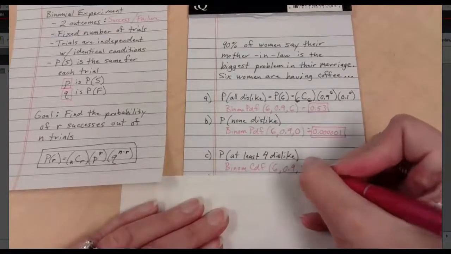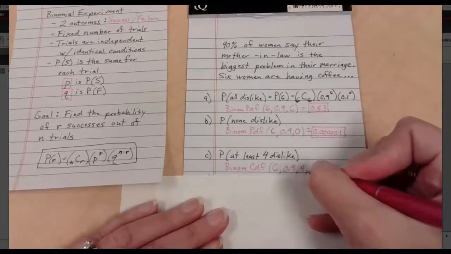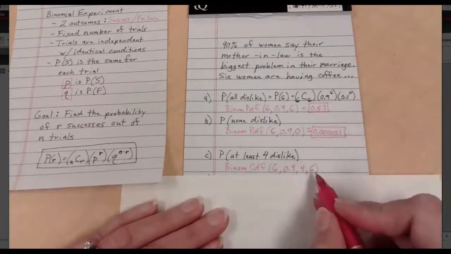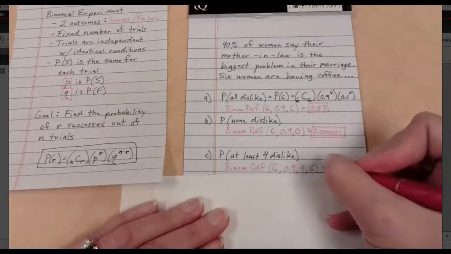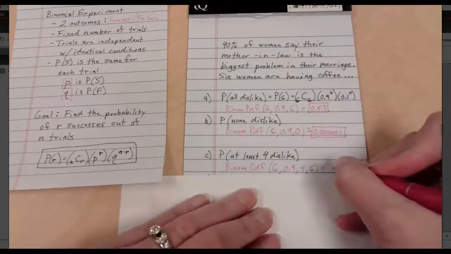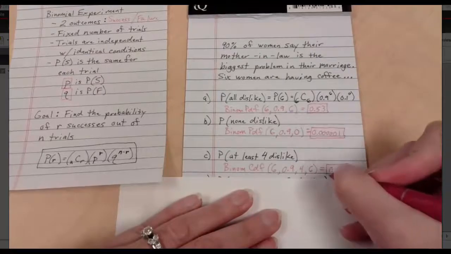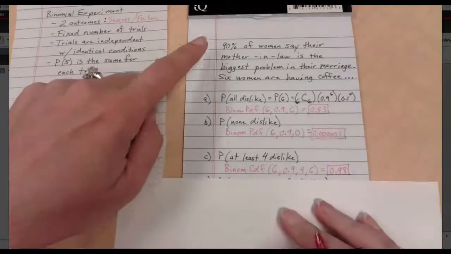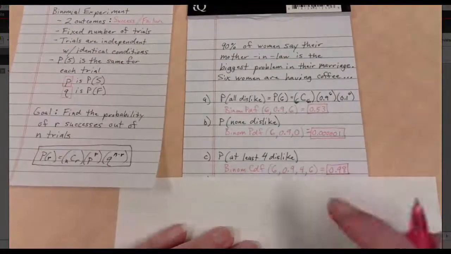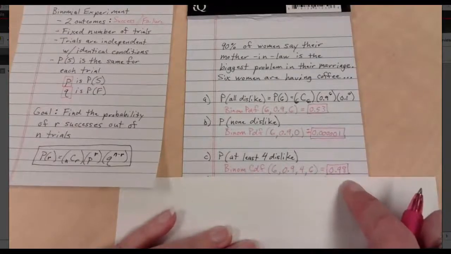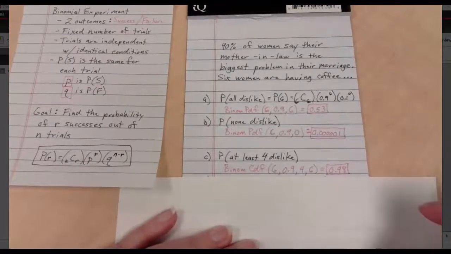At least 4 means 4 or more. In this case, that's 4 or 5 or 6 because there are 6 women total. And again, what did that give us? That got us approximately 98%. Which again is a logical probability because there's a really high success rate for this and we're adding up multiples. So yeah, that makes sense that we've got a whole ton here.